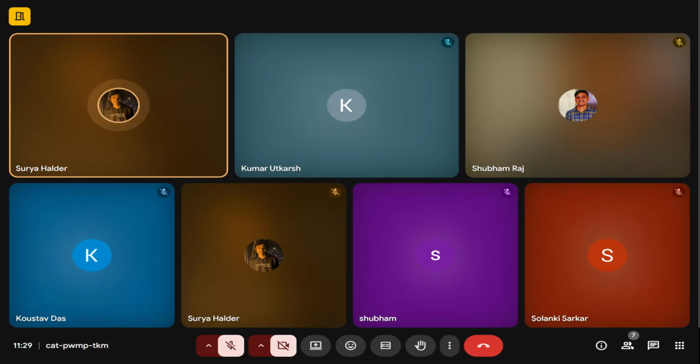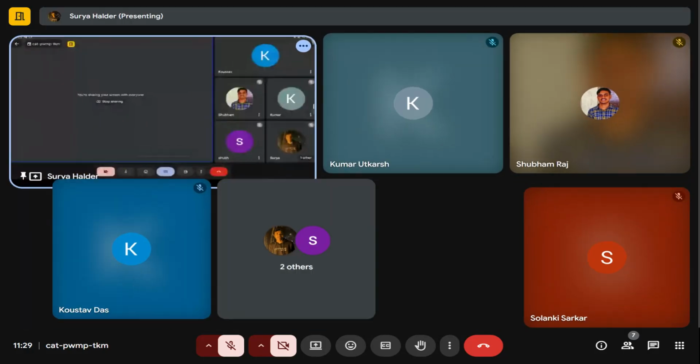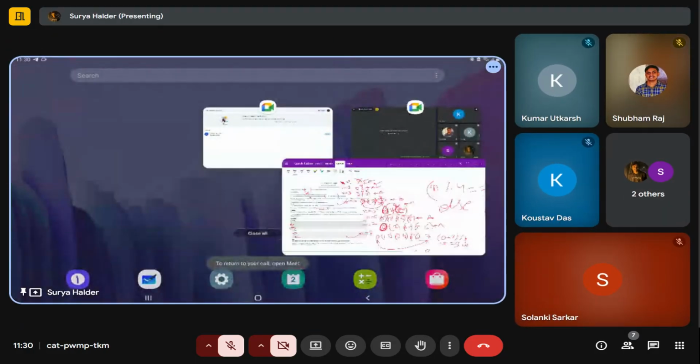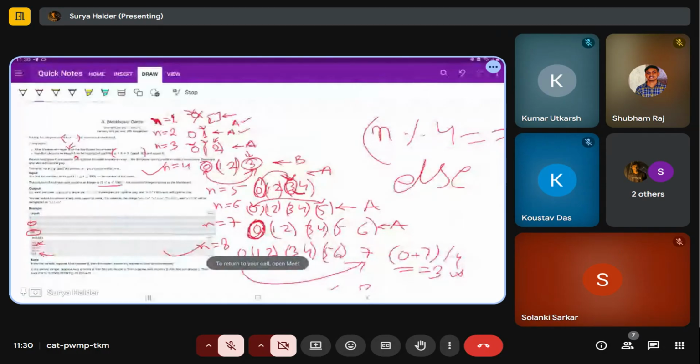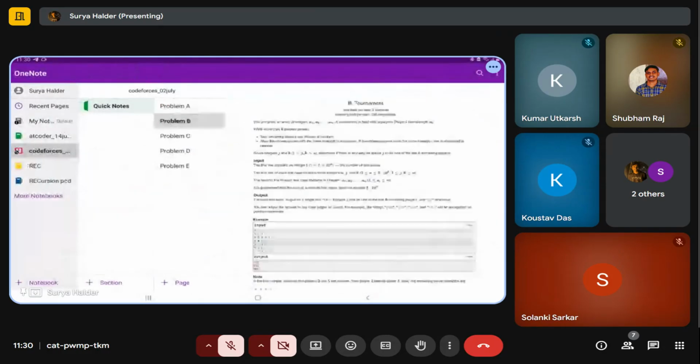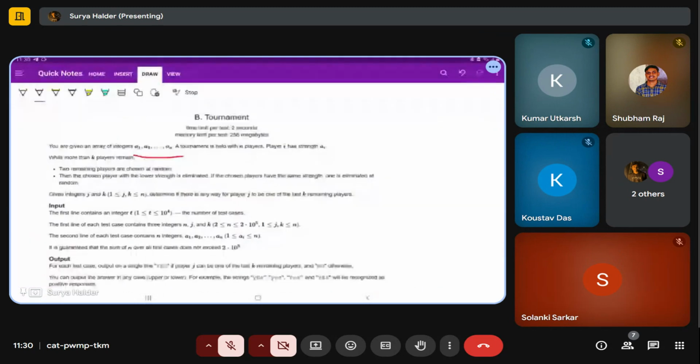So we will be going to the next question. It states that there is an array. A tournament is held with n players. Each player has a strength A[i].